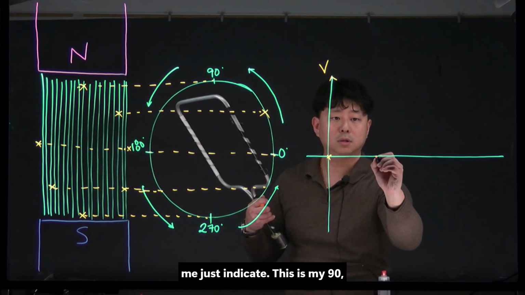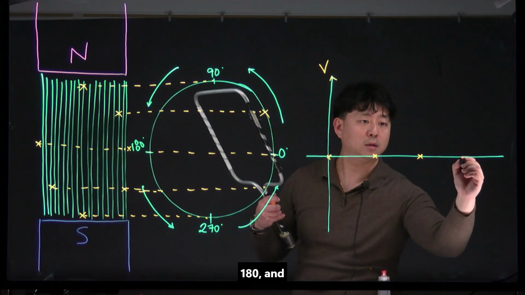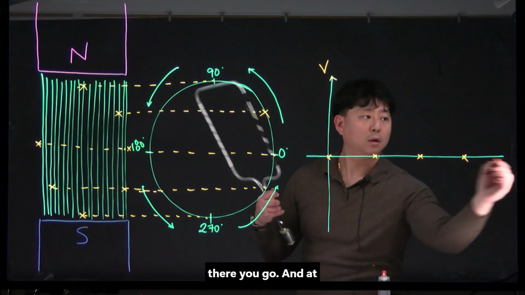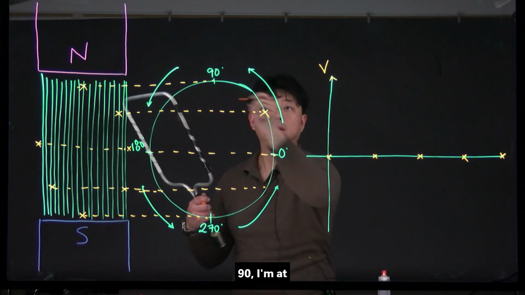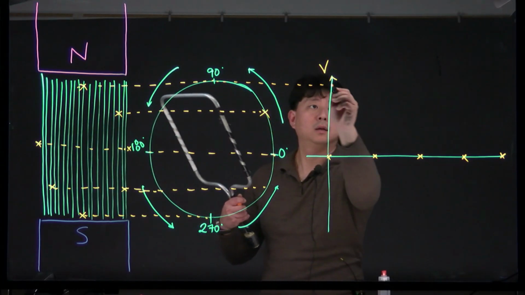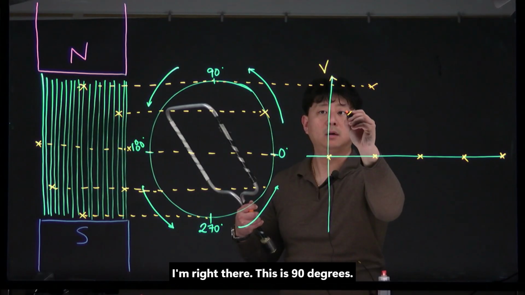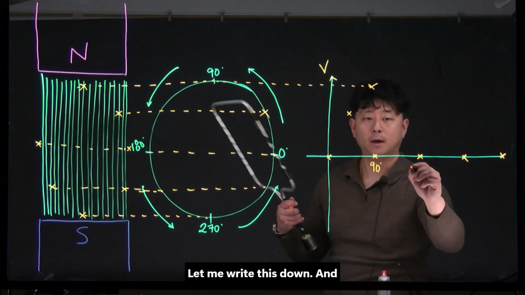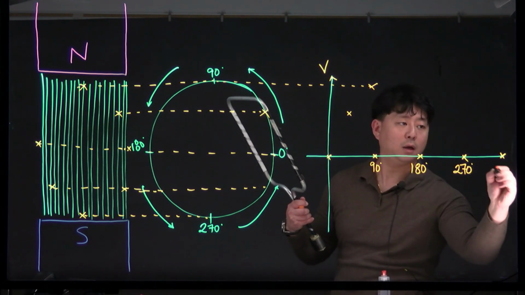Let me just indicate: this is my 90, 180, and there you go. And at 90, I'm at the maximum point. At 45 degrees, I'm right there. This is 90, let me write this down. And this is 180, this is 270, and this is 360.